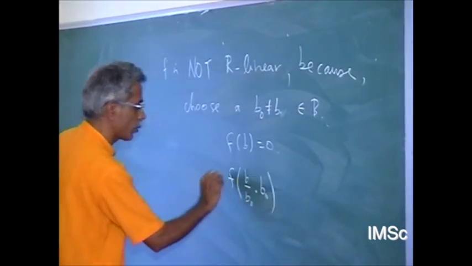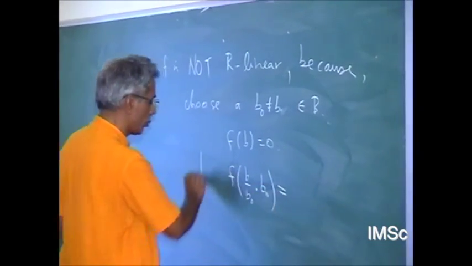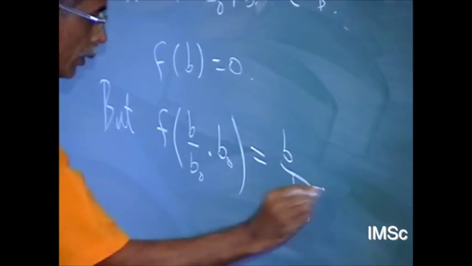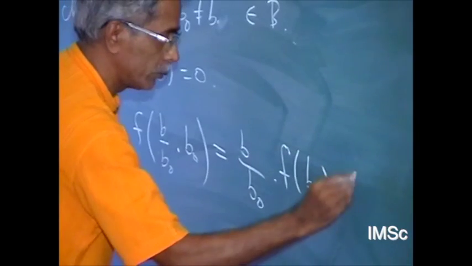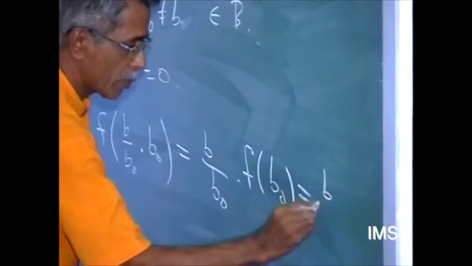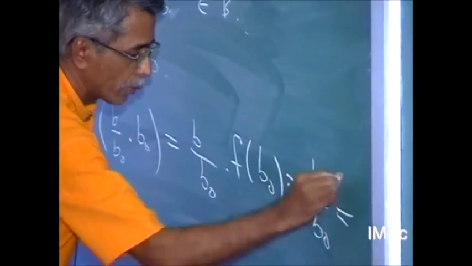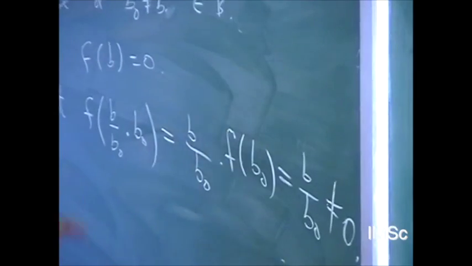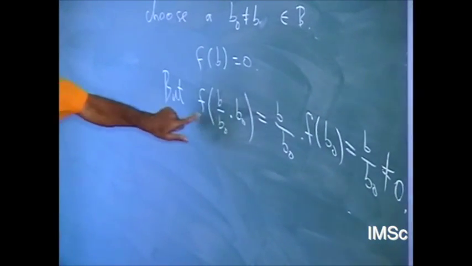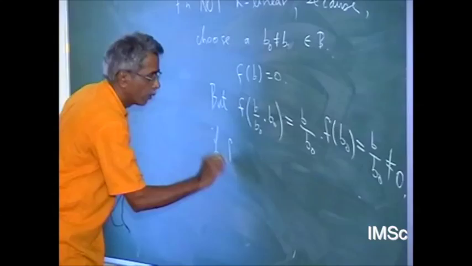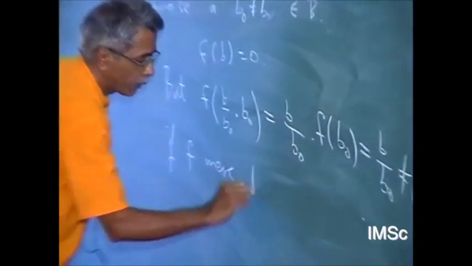So F of b would have been equal to b by b naught times F of b naught, which is 1, so b by b naught. You see that? If it were R-linear.